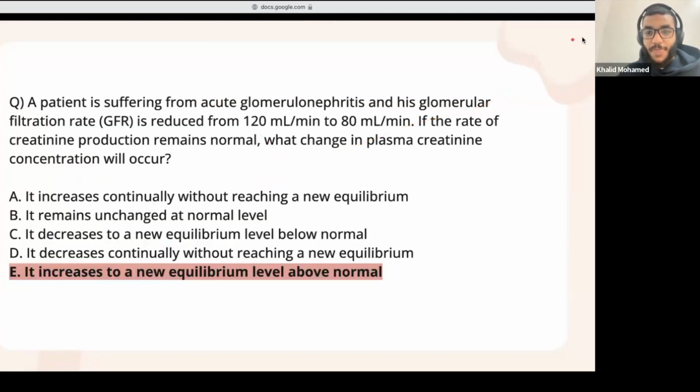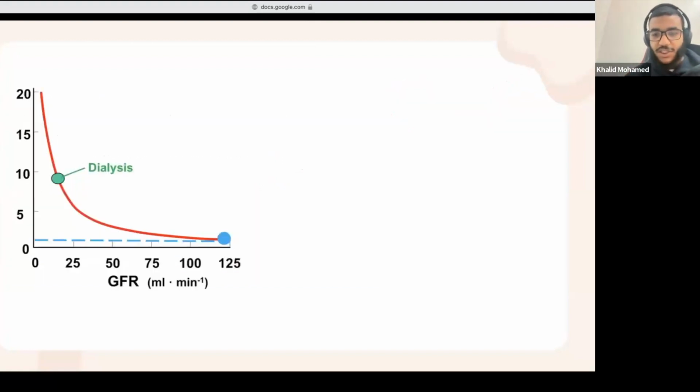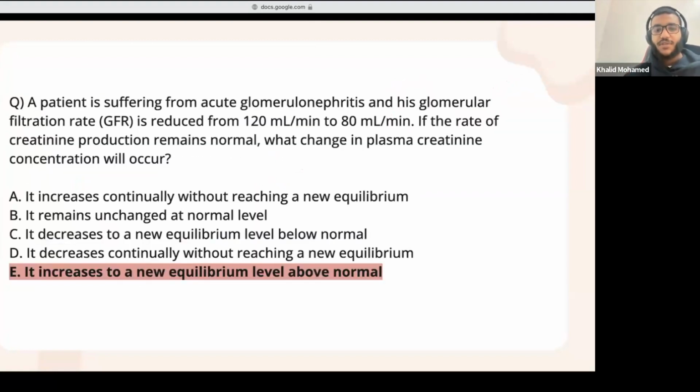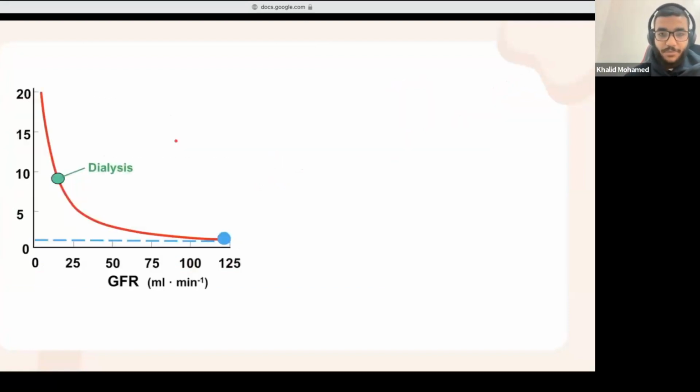So what's happening? Basically, we can use the creatinine levels to tell us what's going on with GFR. What's GFR? It's the filtration rate, right? If we have a certain level of creatinine in the plasma, from that level we can know if GFR is normal or not.